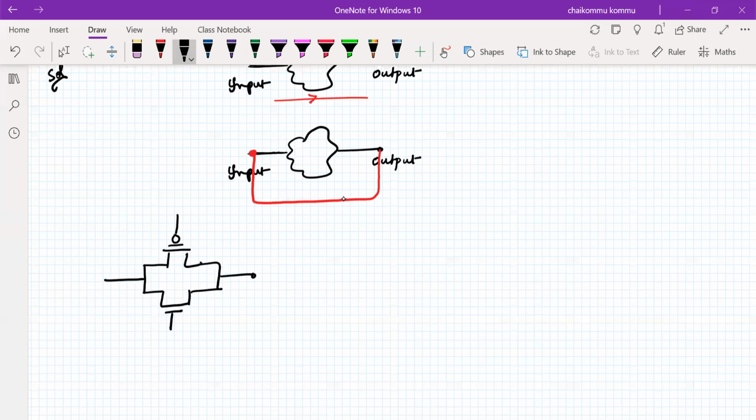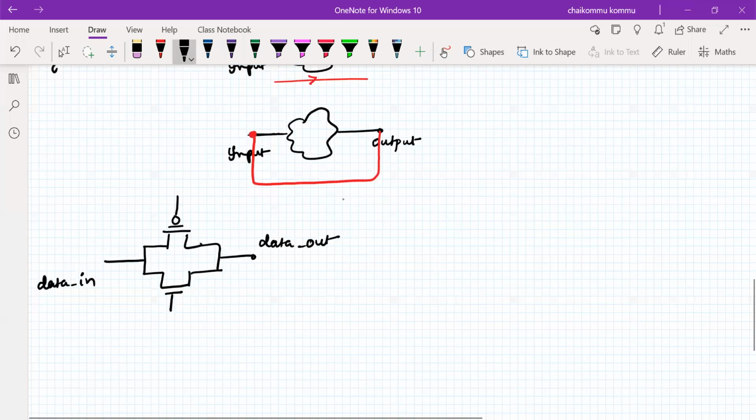See what is happening here. Whatever the data is there, the data will go to the output side. Let us consider this is called data in. Data in goes as an output, data out, provided that the control signal is given in a proper manner. If the control signal is not proper, it cannot go.